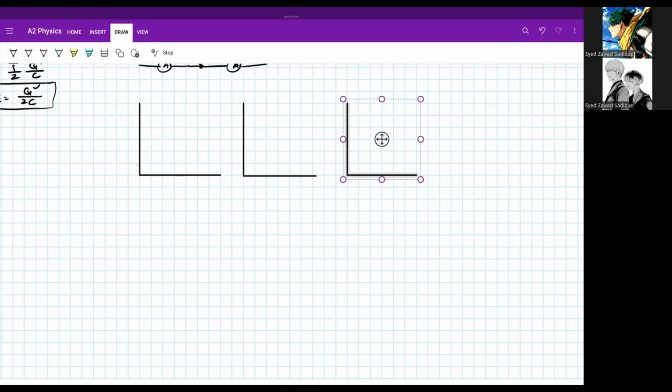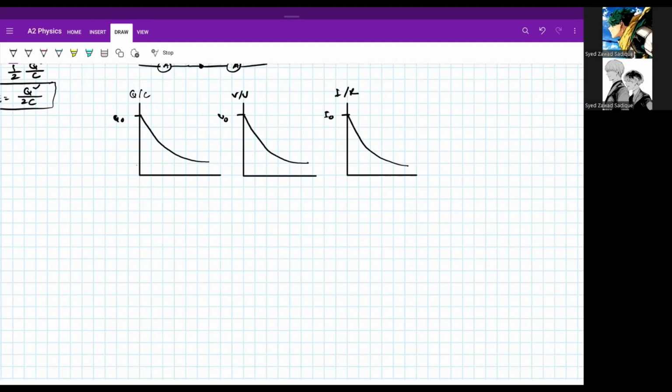Okay, so 3 graphs. One is for charge, one is for voltage, and one is for current. You can also have one graph for resistance, but anyway, the general idea is the same. So Q naught, V naught, I naught. This is the general shape of the graph. It's called an exponential decrease.